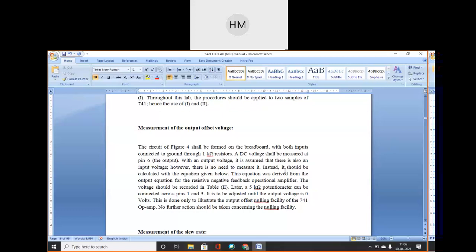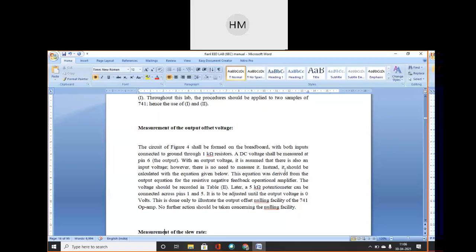Sometimes we use cascading, multi-stage amplifiers. Then if the first amplifier is not giving you proper outputs, in subsequent stages you won't get proper outputs. So we can nullify those effects at a very early stage so that you can get proper outputs.